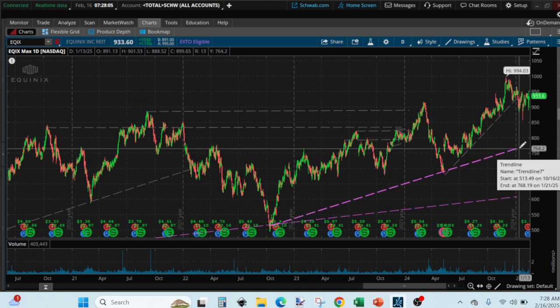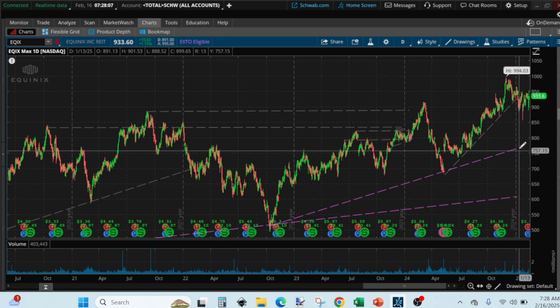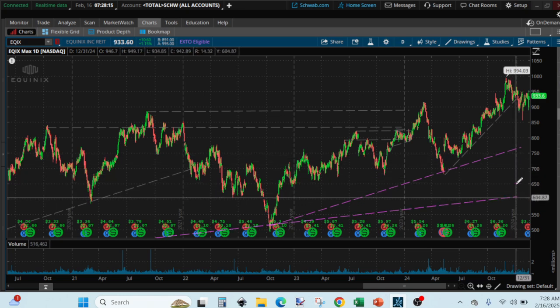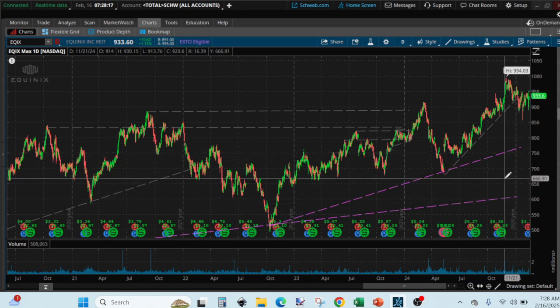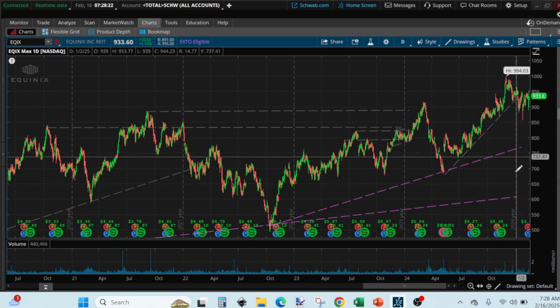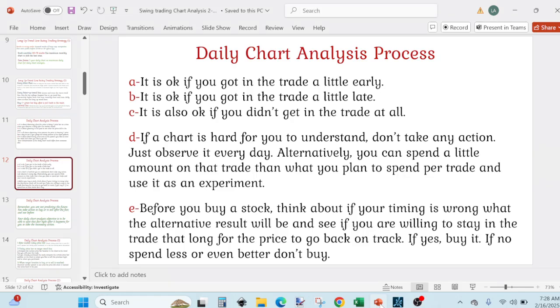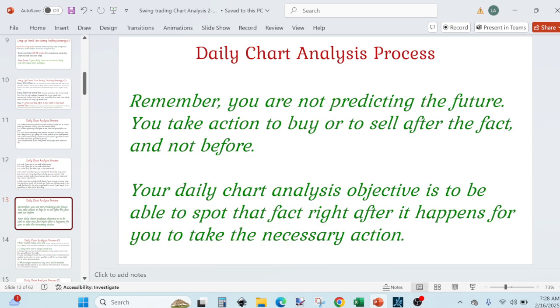In this example, if we get in here and it does not go up as we expected, it goes back down to here, how long will we stay in the trade waiting for the price to come back, because we are not going to sell it at a loss. If there is not a lot of gap in it, you want to take action, that's fine. If there is a big gap in it, you might want to think twice, either spend just a little money or not take action at all. Those are things that are good to think of.